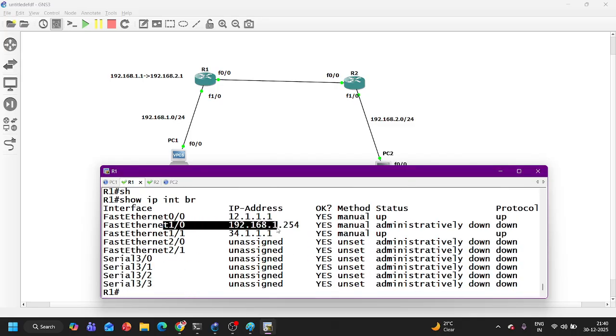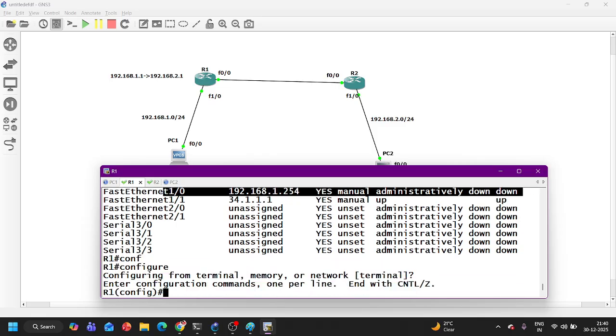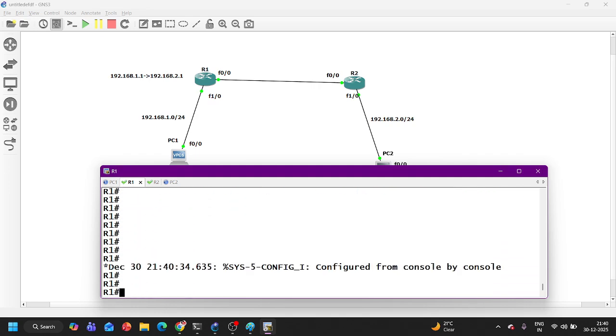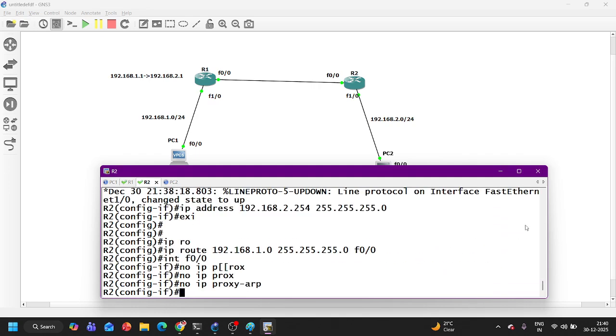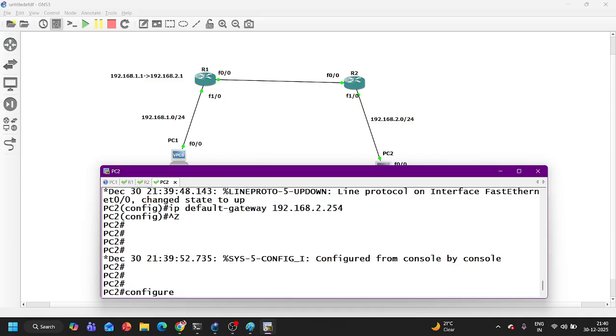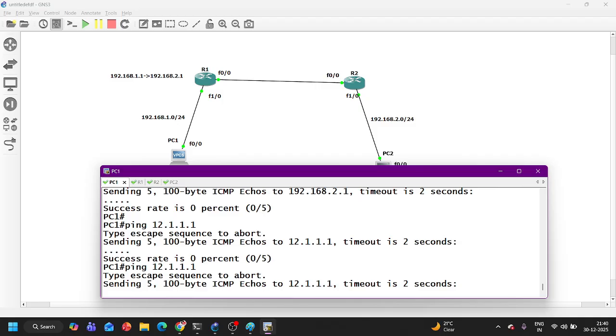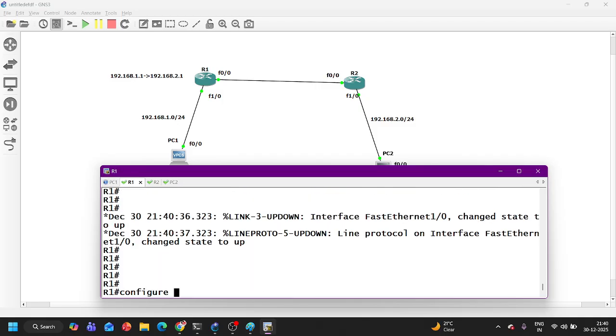This interface, interface F1/0, no sir, this interface was down. Now go to PC1 and ping. Ping is not working.